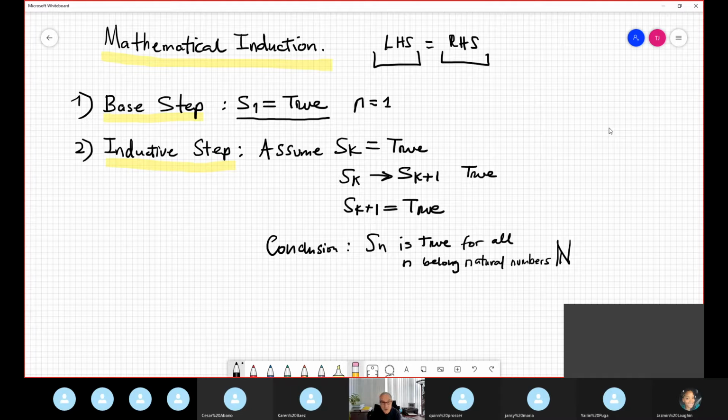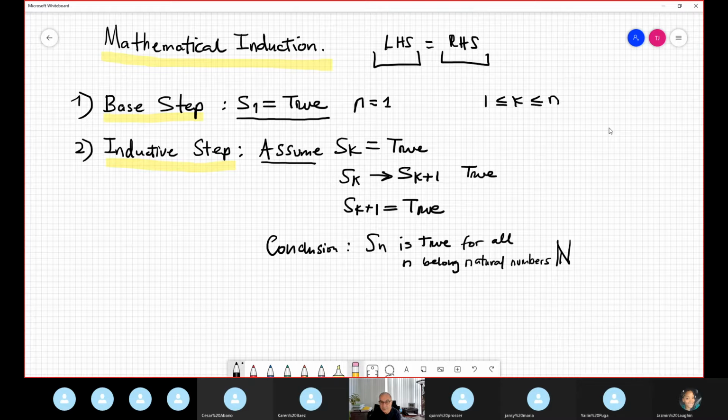You assume, you suppose, one arbitrary k, an intermediate value, k is intermediate between 1 and n. But n is infinity. Okay, intermediate. It's true.